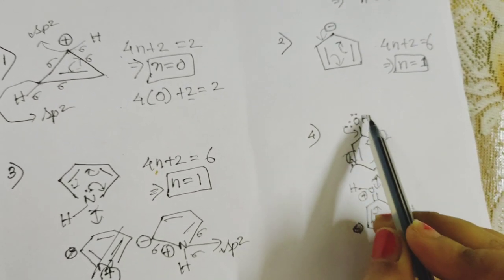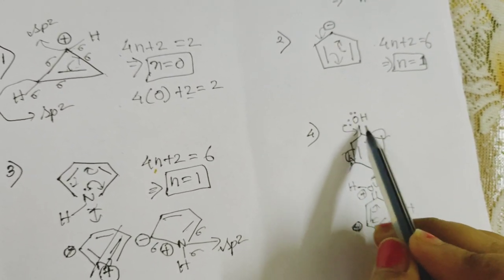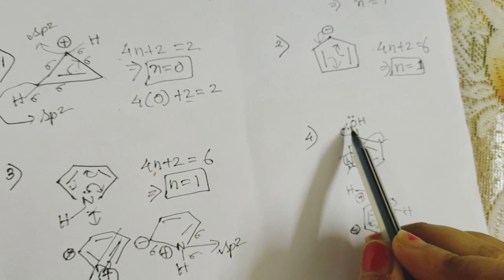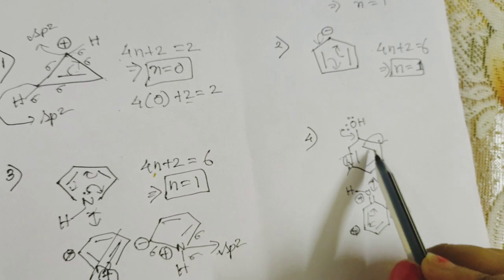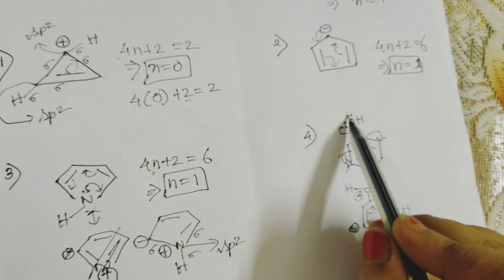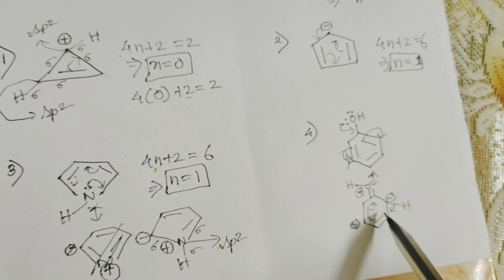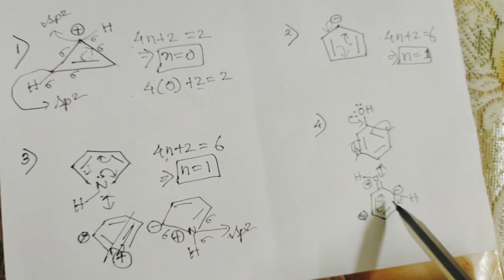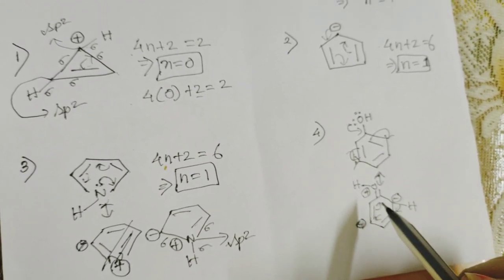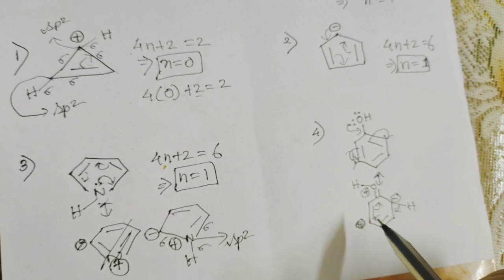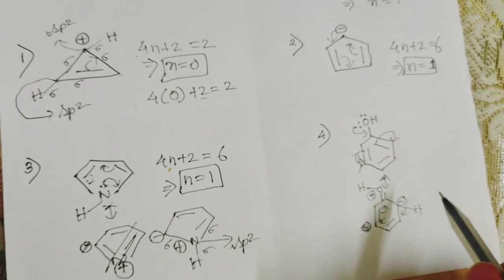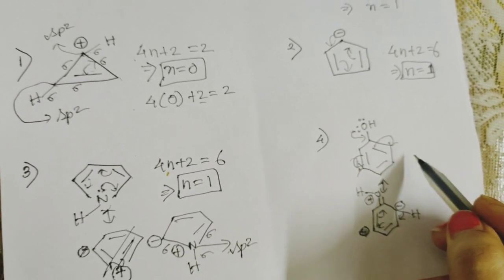This OH hydroxyl group is sp3 hybridized, including these lone pairs, but we don't have to include them in the ring. We just have to see the ring. So the ring is planar. It has sp2 hybridization. It is planar. The pi bonds are in full conjugation. So we have to see at last Huckel's rule.